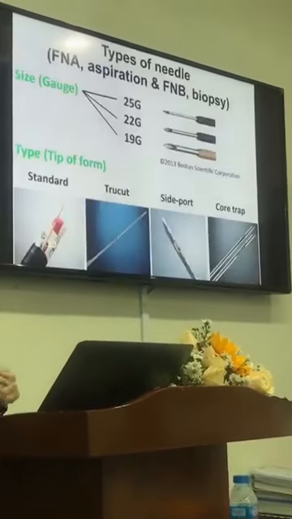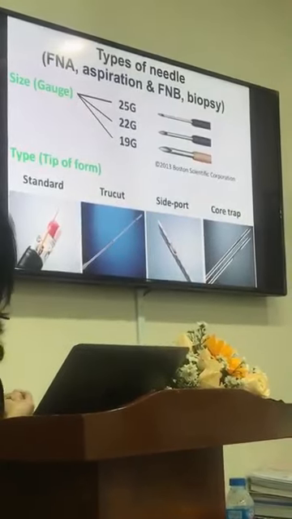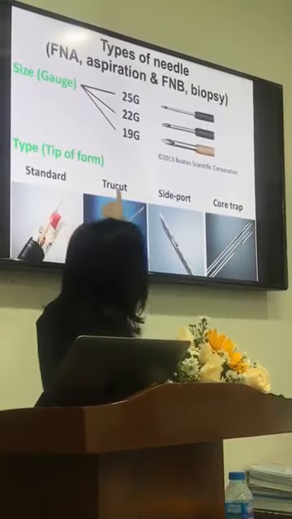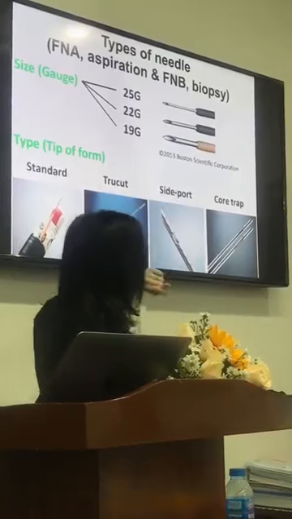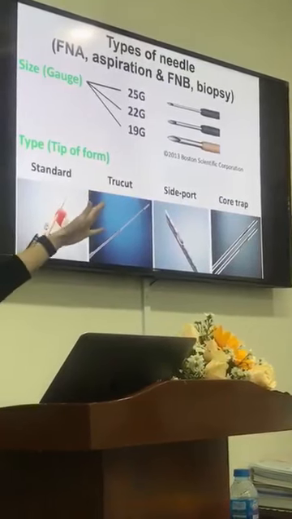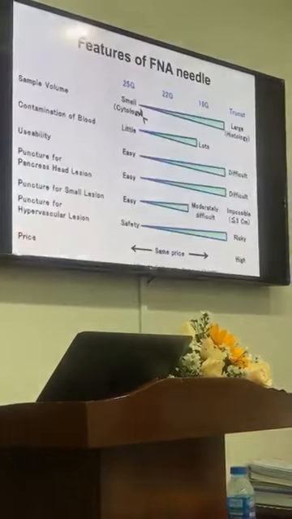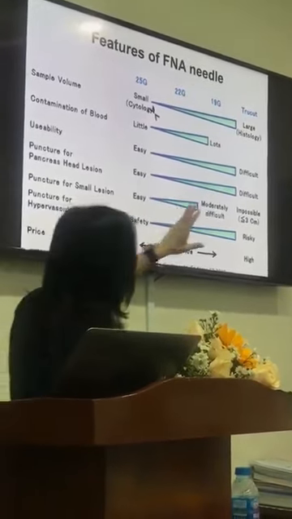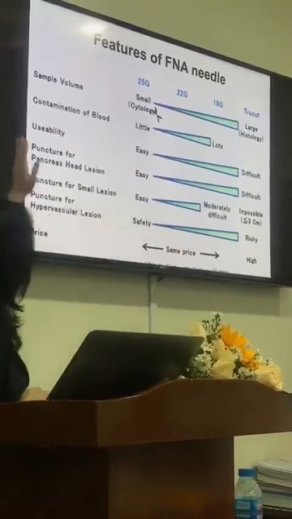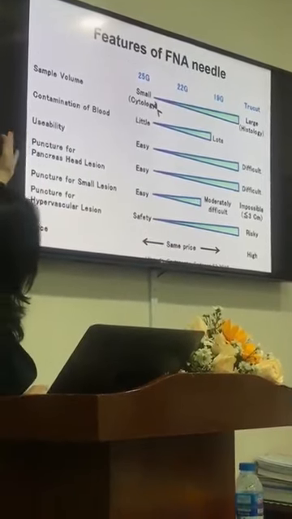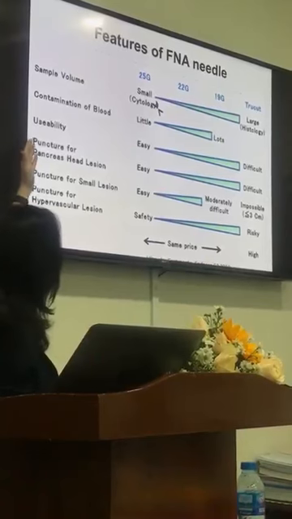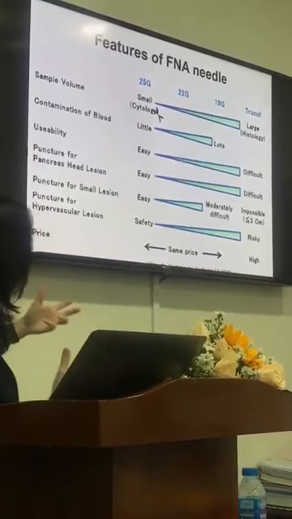What about needle choices? There are different sizes of needle, 25, 22, 19. The lower the number, the larger the size of the needle. So 25 would be the smallest size of needle. The difference between the needles is that if you have a larger needle, like 19, you're going to get more sample, but also more blood contamination, and it's more difficult to use because it's not very flexible.